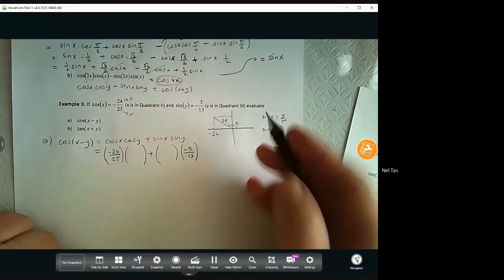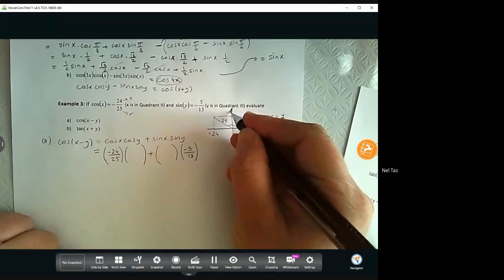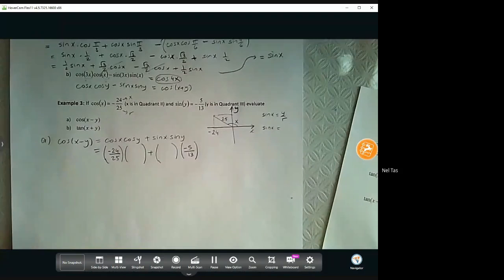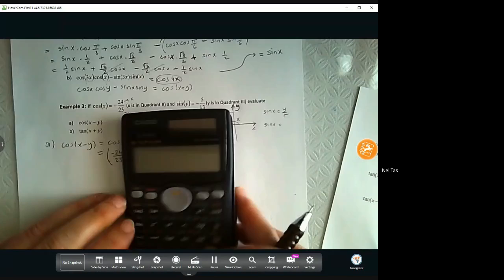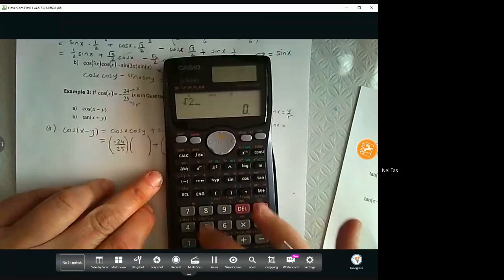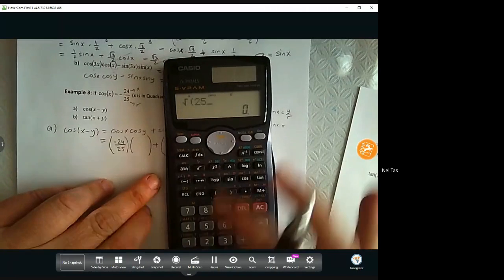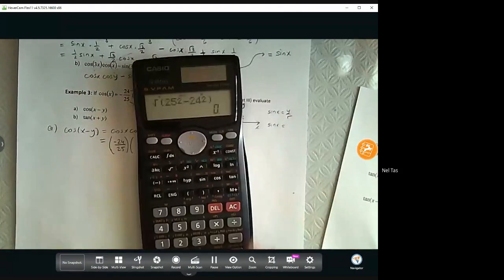Okay, let's do that. To calculate that, you do the square root of 25 squared minus 24 squared.